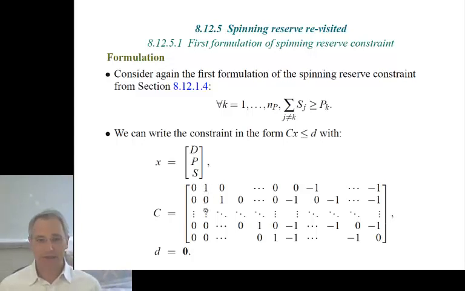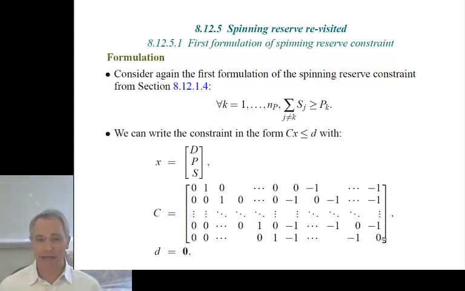The second through NP plus 1th column is the identity matrix, and the last NP columns is a matrix that is mostly minus ones, except that it's 0 along the diagonal.